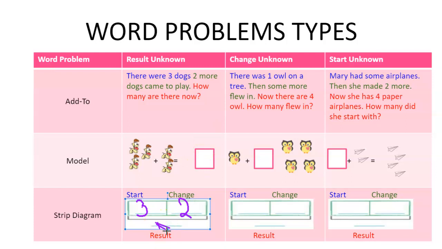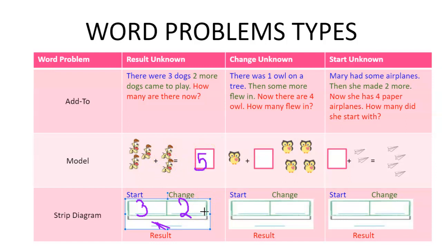It's the unknown. I was trying to draw a little question mark, but my mouse is not letting me, but it's okay. So here I have 3 plus 2 equals 5. So I go 3, 4, 5.